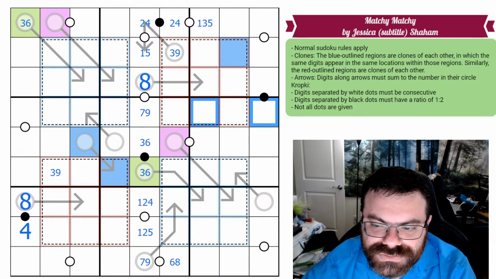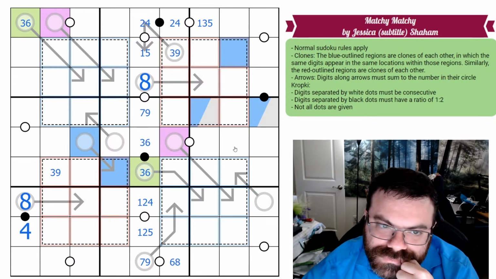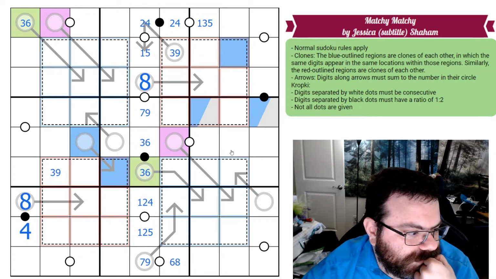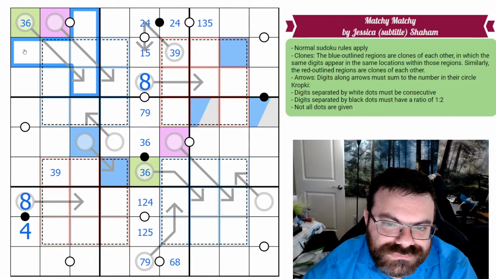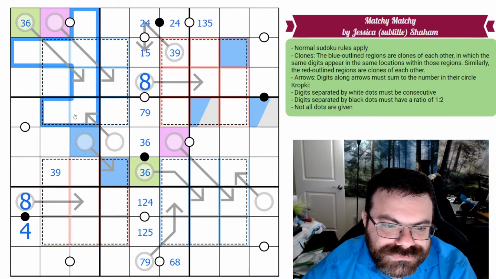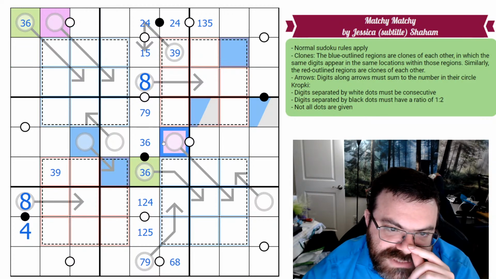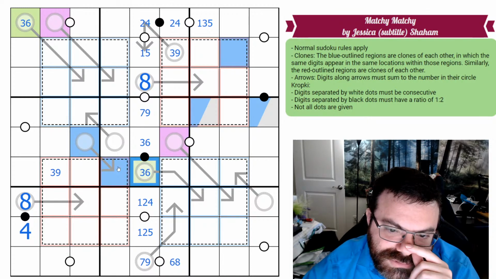Blue's in one of these two. We don't know if blue... Well, blue is different than purple, and blue is different than green. Okay, so blue is distinct from green and purple.